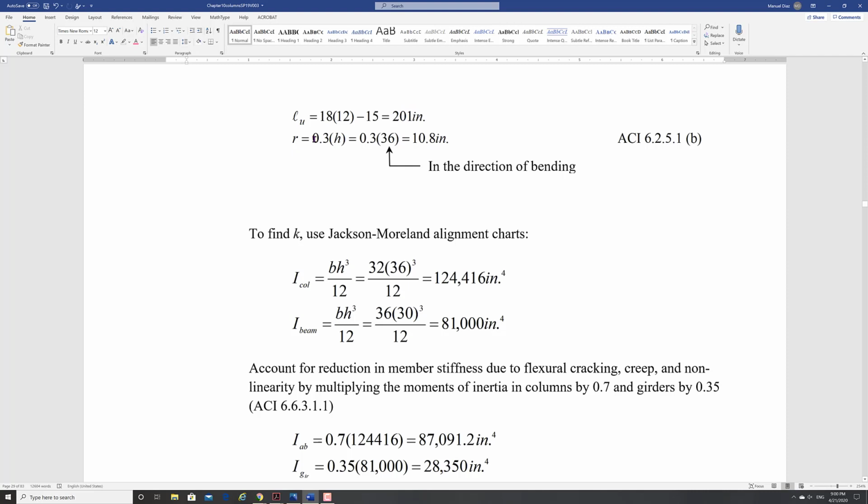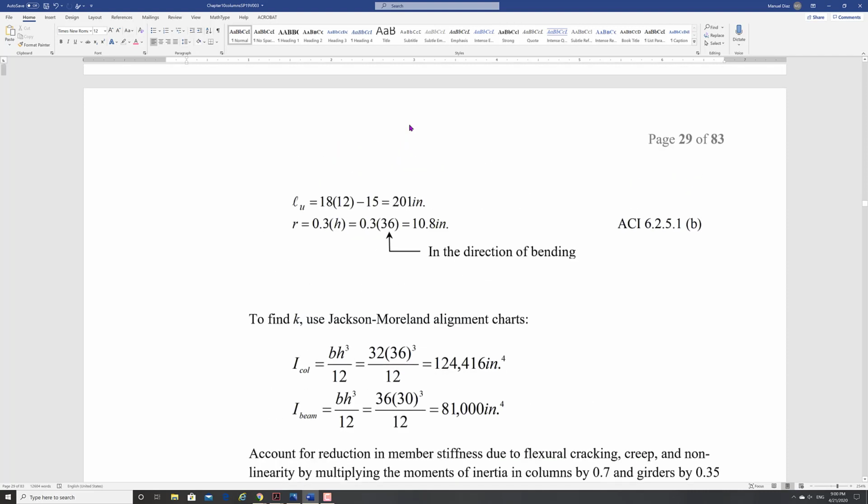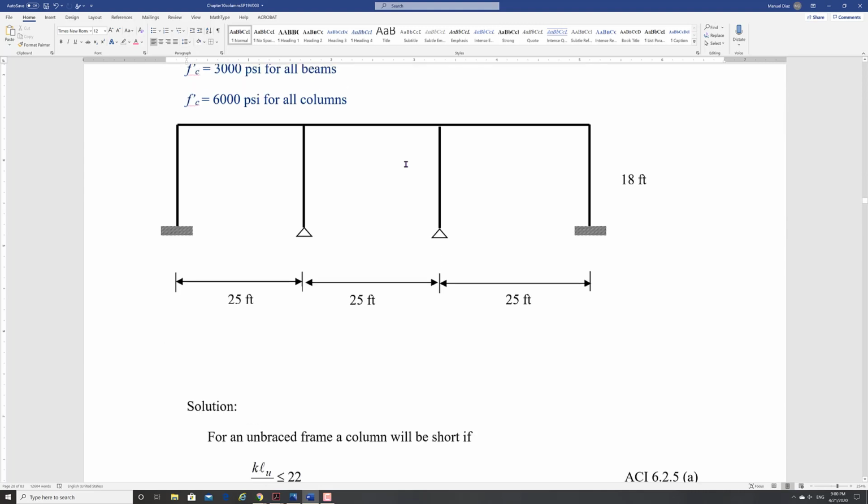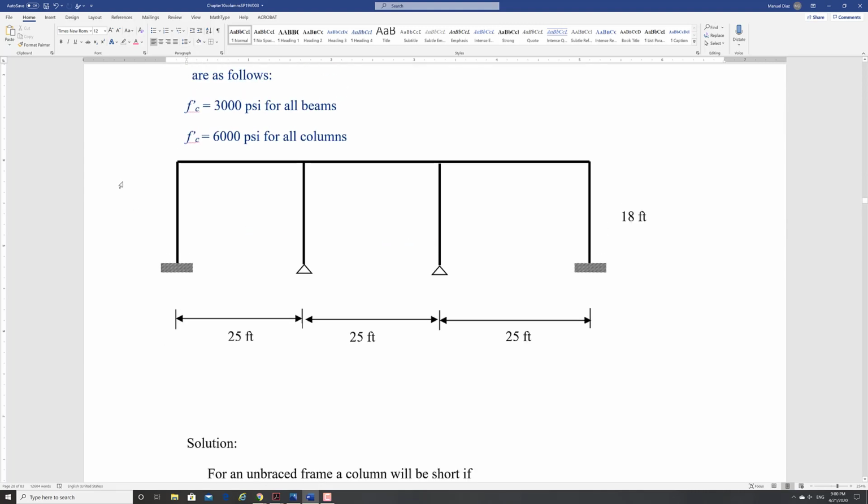My radius of gyration is 0.3, the approximate value from the code, times the h. But the h is in the direction of your lateral movement. And as I said, that would be in the direction of the applied lateral load. In this case, our lateral load is in the plane, in the direction here, left to right or right to left, right?